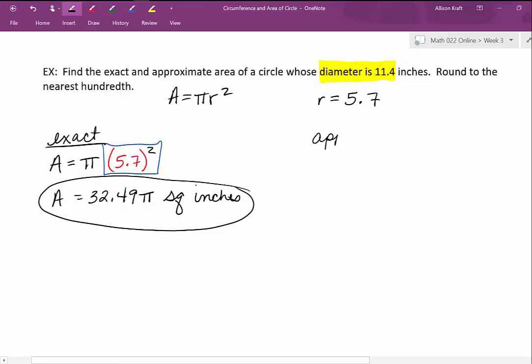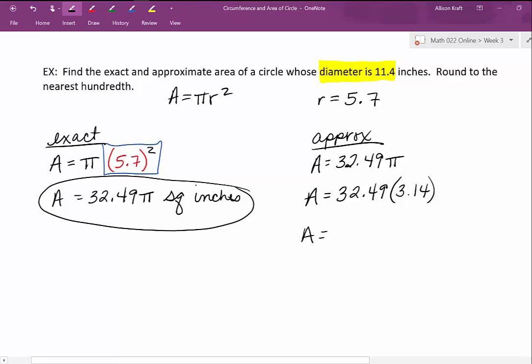To find the approximate area, we're going to replace pi with 3.14. Multiplying those numbers together, we get 102 and 7/100. Again, don't forget your unit, square inches.